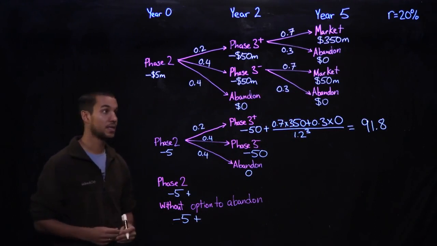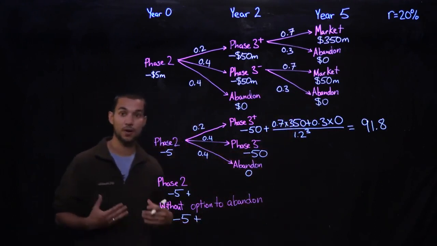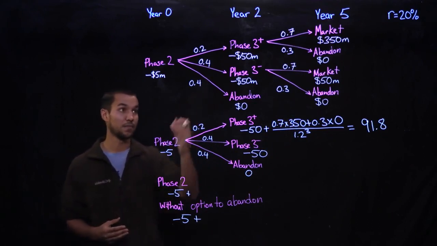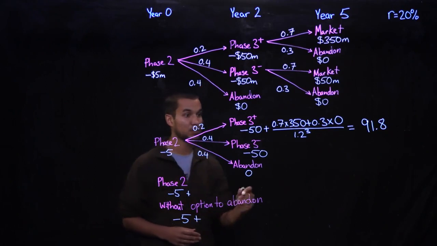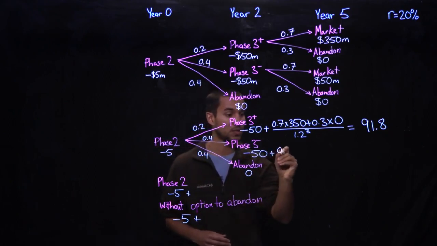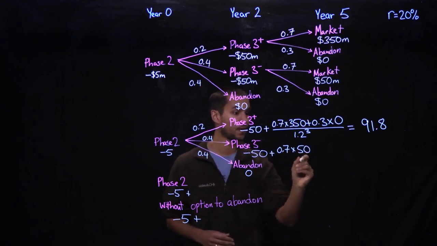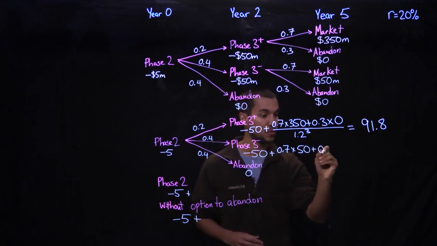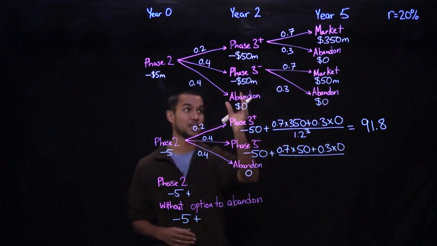On the other hand, the expected cash flow in year 5 in this intermediate scenario where our therapy showed only a mild or weak effect after phase 2 is going to be equal to 0.7 times 50 plus 0.3 times 0. And again, we're going to have to discount this expected cash flow back to year 2.